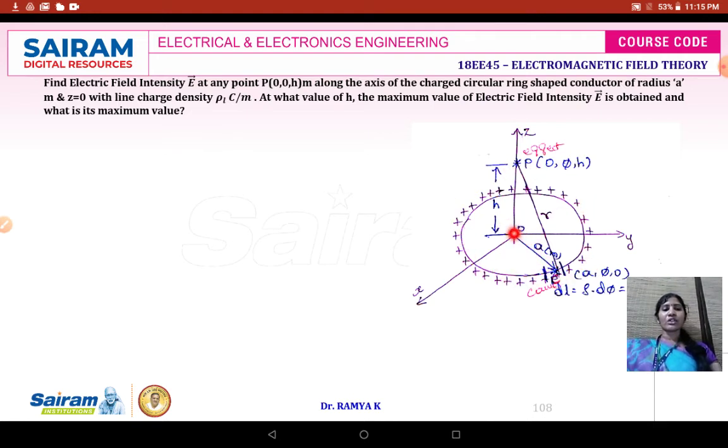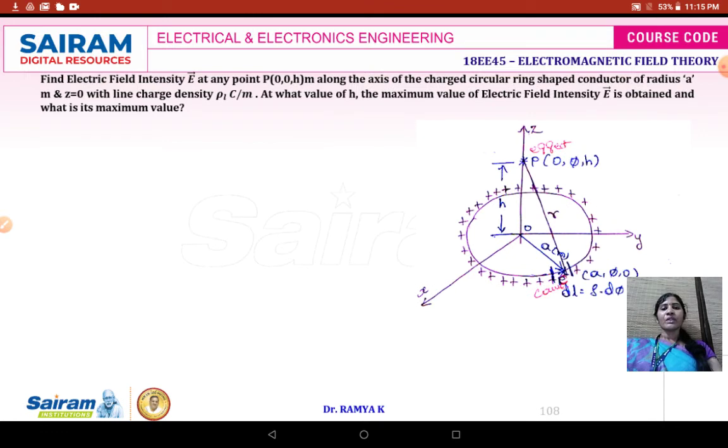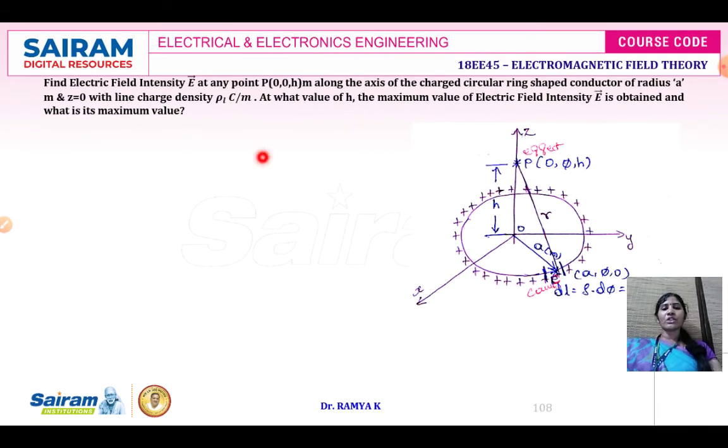This shows that it is going to be your cylindrical coordinate system. You need to identify the electric field intensity at point 0, 0, h. At point 0, 0, h, it means x-axis is 0, y-axis is 0, and z-axis is going to be h.